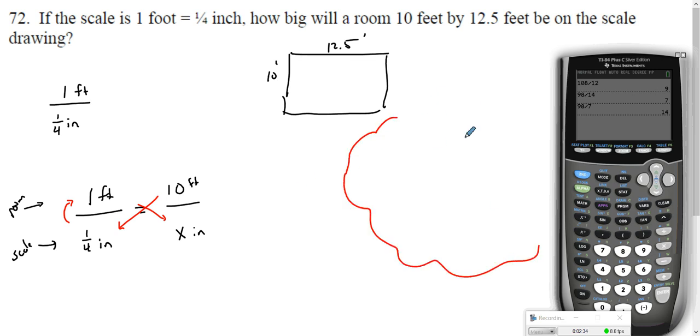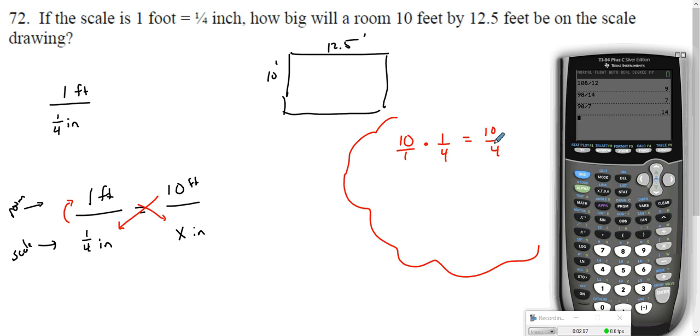You could just do this on your calculator, and that's probably what many of you will do, but that's fine. 10 times 1/4. When you multiply a number times a fraction, you have to think of the number as a fraction as well, the denominator being 1. 10 times 1 is 10. 1 times 4 is 4. Now I'm going to simplify if I can.